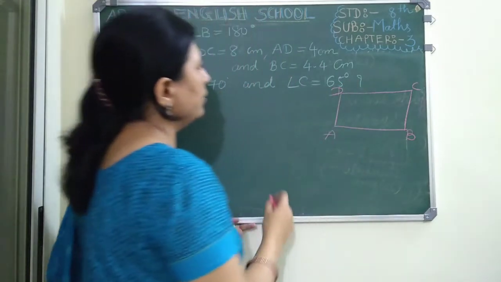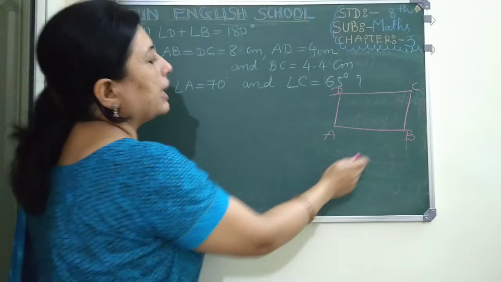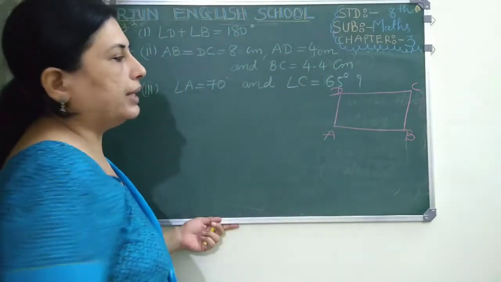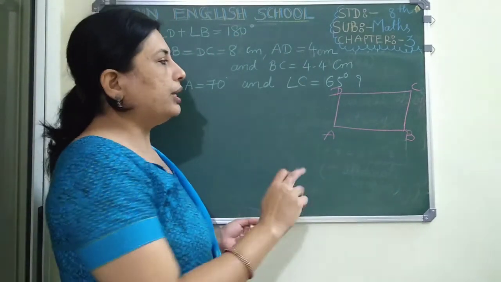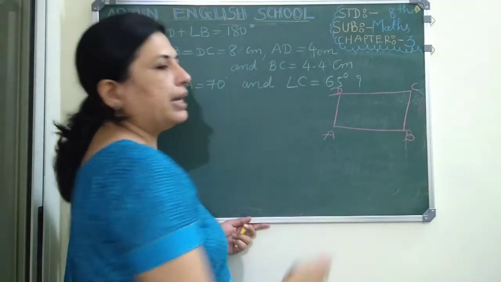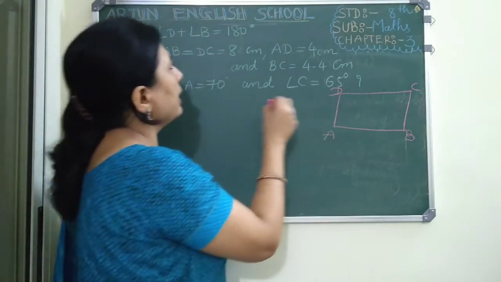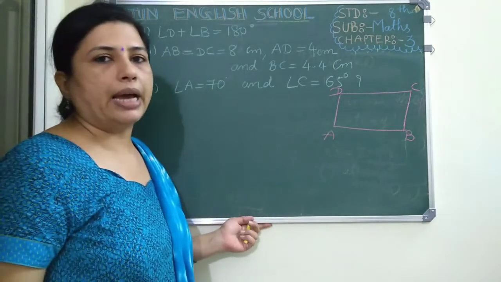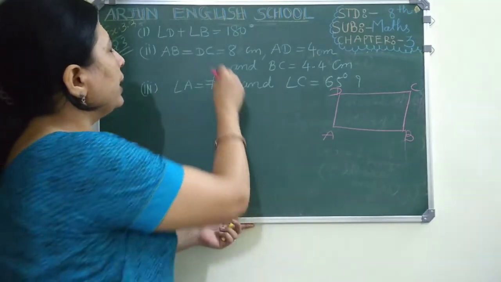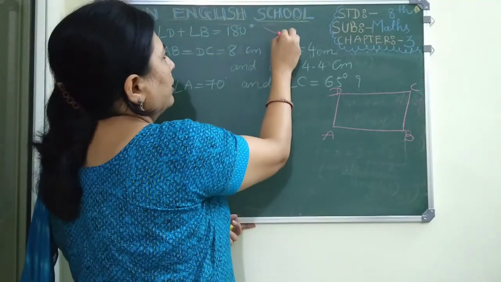Now your condition is that angle D plus angle B is equal to 180. But according to the property, we can say that angle D and angle B are equal. And angle D plus angle A is equal to 180 because they are supplementary. So we are not able to draw this as a parallelogram.